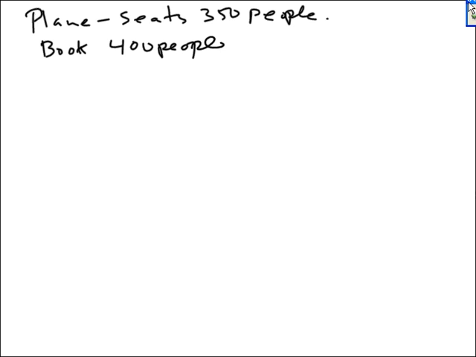You're going to take reservations for more people, 400 people, an extra 50 people. If they all come, 50 people do not have a seat. But the probability that somebody comes to the airport on the day that they claim they're going to come is, say, 0.8.